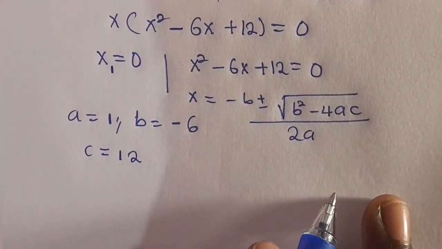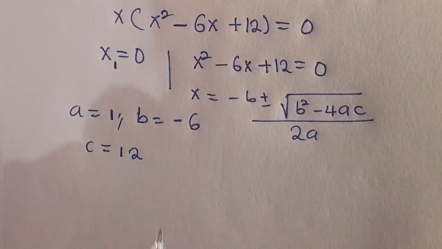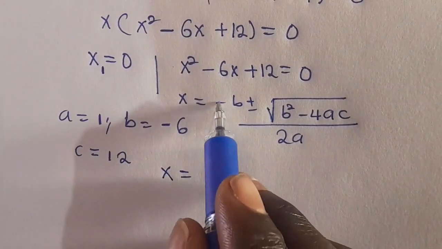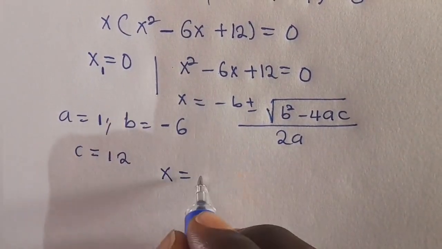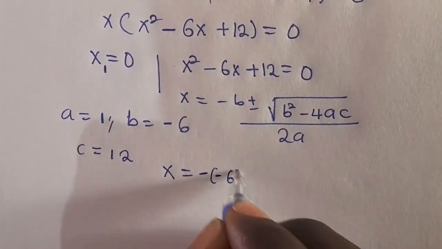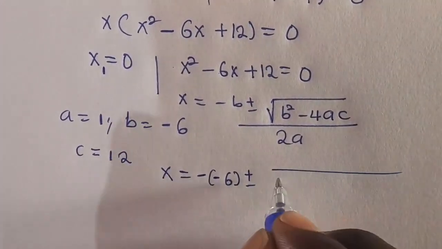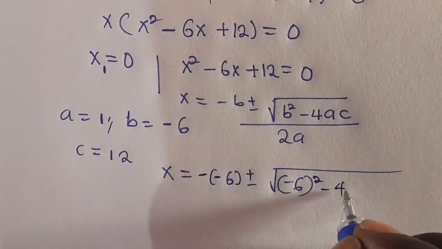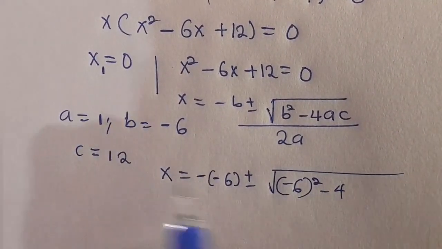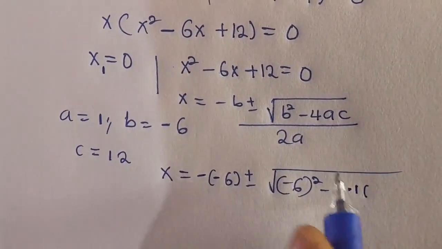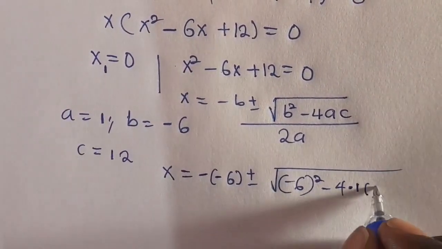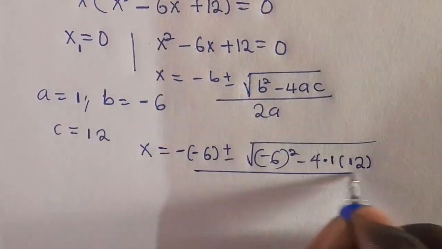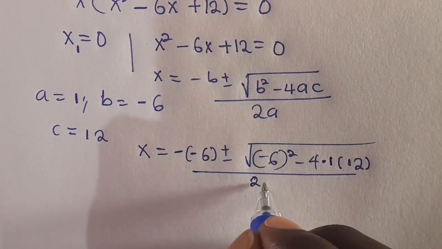And so by plugging everything in, we have x equals minus b, which is minus minus 6, then positive or negative square root of b squared, minus 4 multiplied by a, which is 1, multiplied by c, which is 12, then all divided by 2 multiplied by 1.